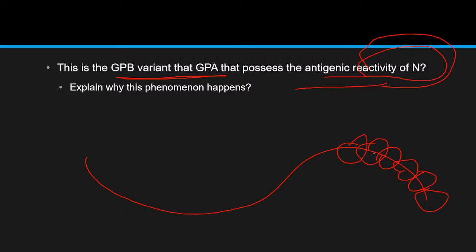Remember, what is the N-like? What did we talk about earlier? It has to have the five characteristic molecules that we have: glycine, threonine, serine.